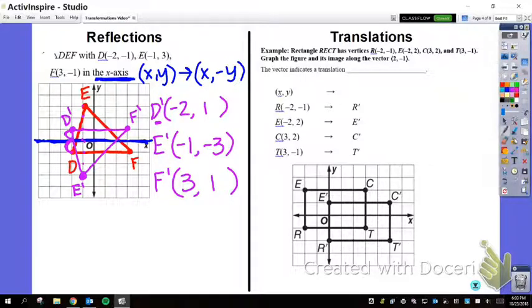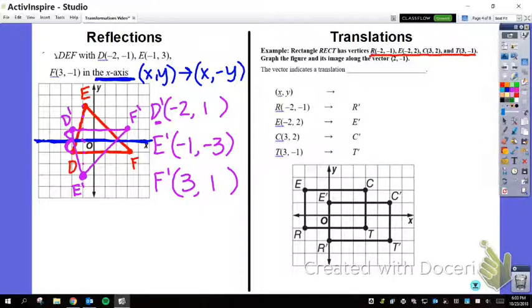Okay, then we're moving to translations. Alright, so our original image, they did the picture for us. But we're going to look at the work that we have to do. So our original points they gave us right here, and they already wrote them for you right here. So they want us to graph the figure and its image along the vector 2, -1.